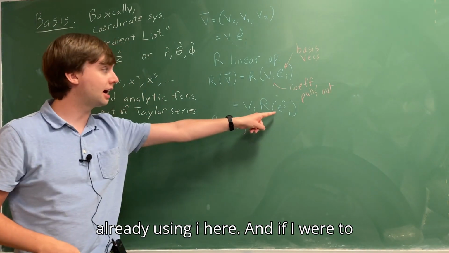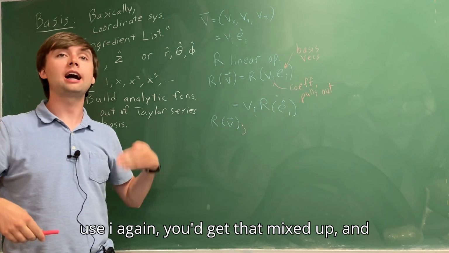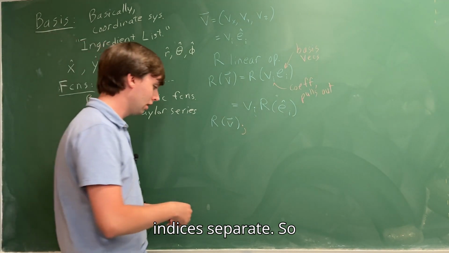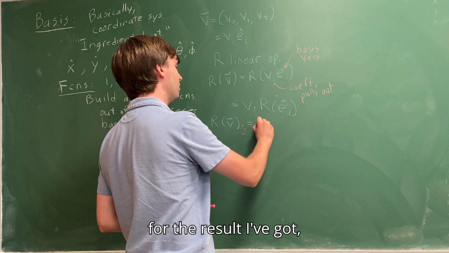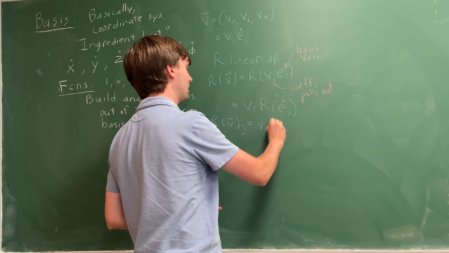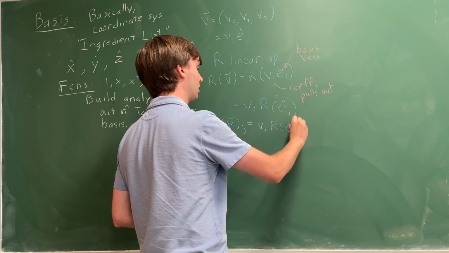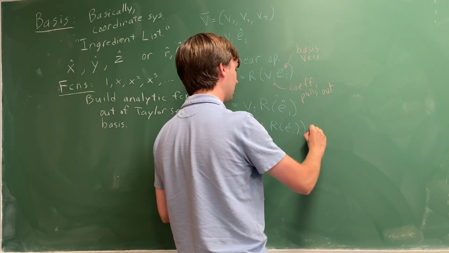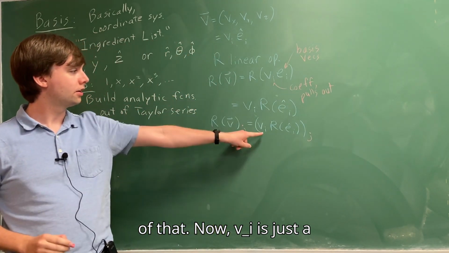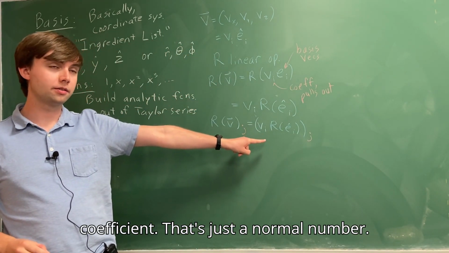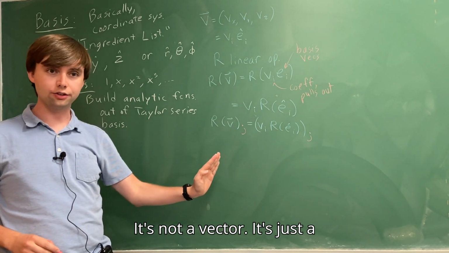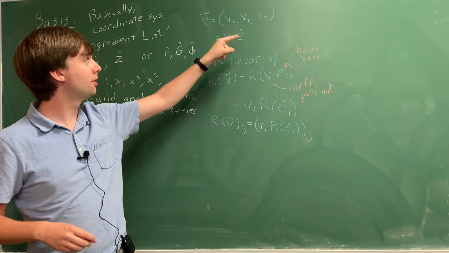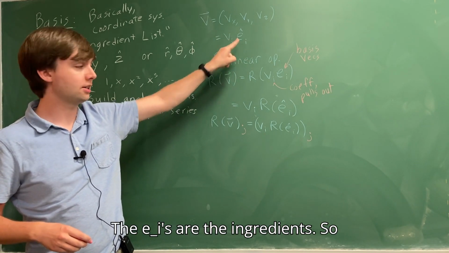I'm already using i here. And if I were to use i again, you'd get that mixed up, and you need to make sure to keep your indices separate. So for the result, I am asking for part j of that. Now, v_i is just a coefficient. That's just a normal number. It's not a vector. It's just a coefficient from the ingredient list. The e sub i's are the ingredients.